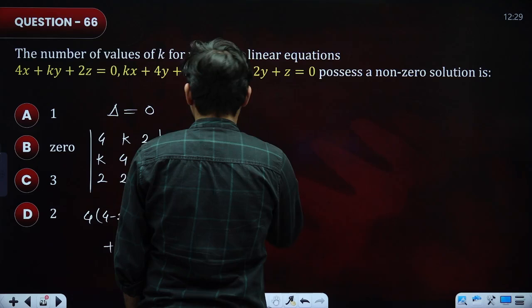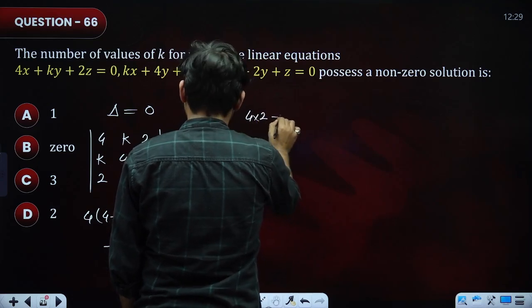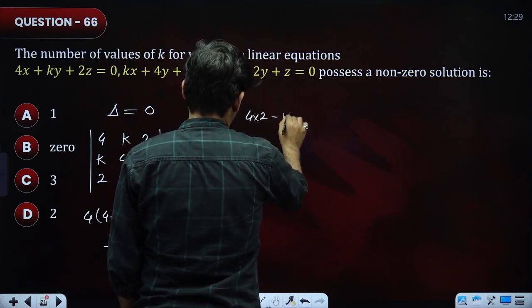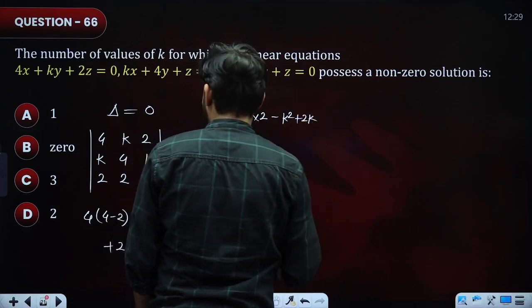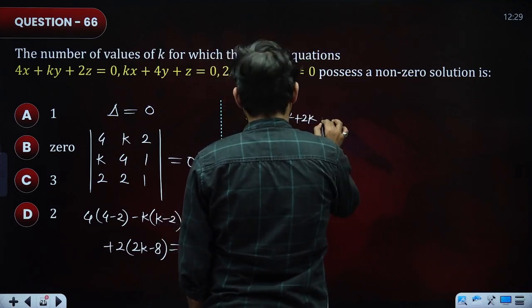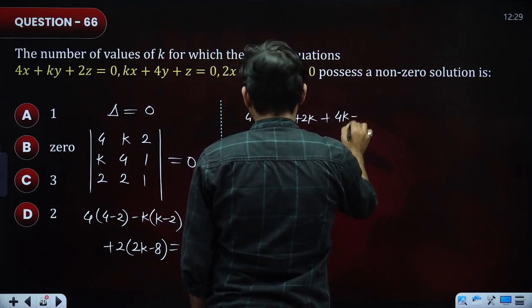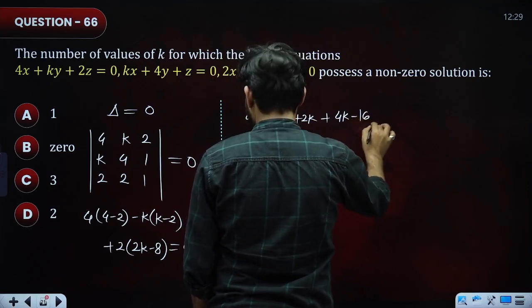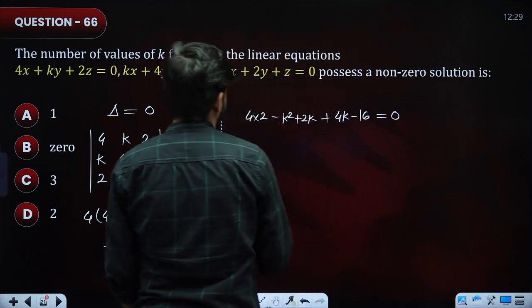So therefore we can write 4 into 2 minus k square plus 2k, k square plus 2k plus 4k minus 16, it is equals to 0.